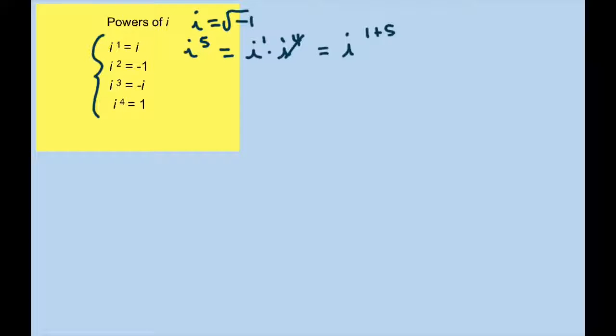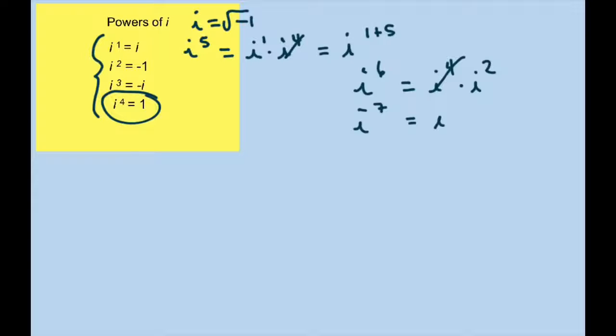And you could do the same thing with i to the 6th. We could call that i to the 4th times i squared. And i to the 4th, again, is just 1. So you're back to i squared. i to the 7th is going to be i to the 4th times i cubed.